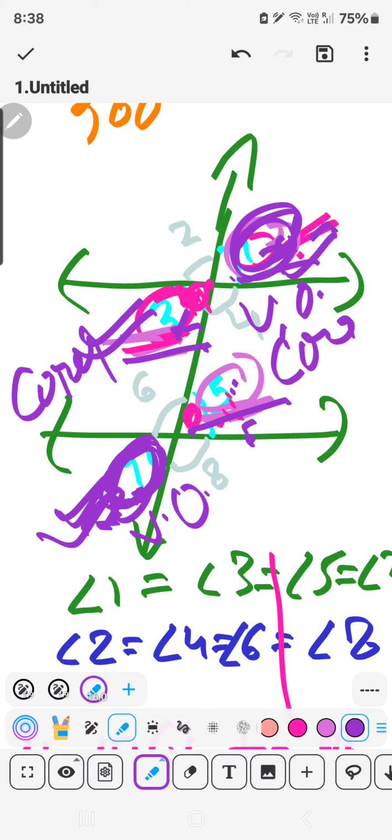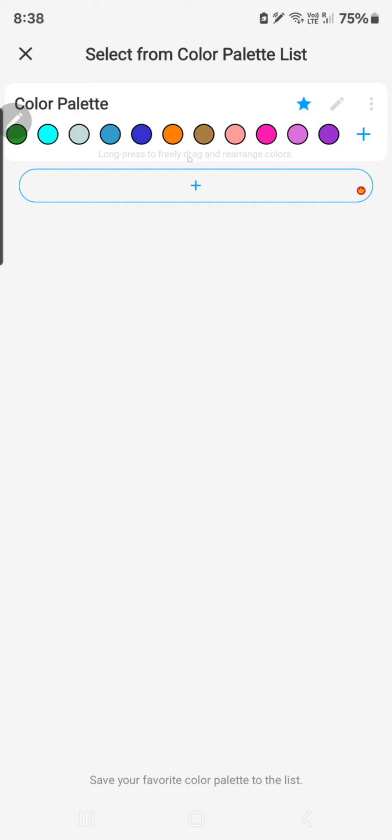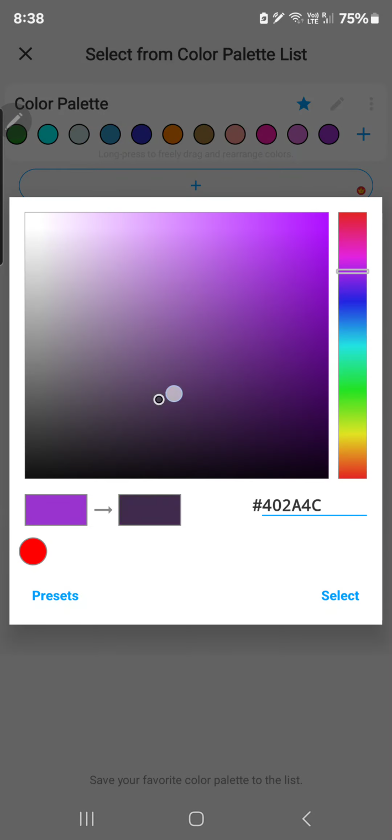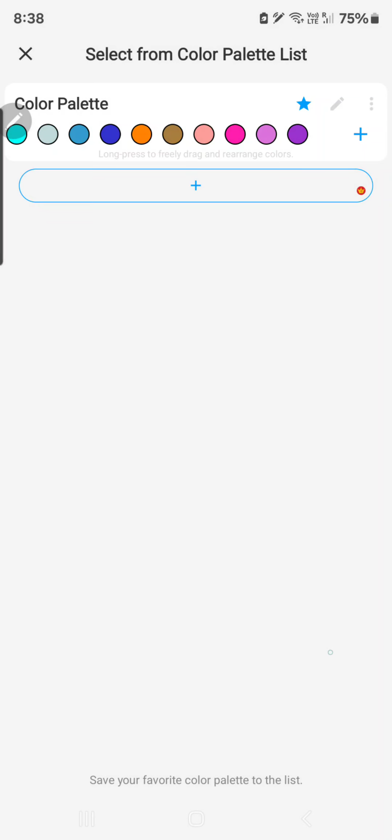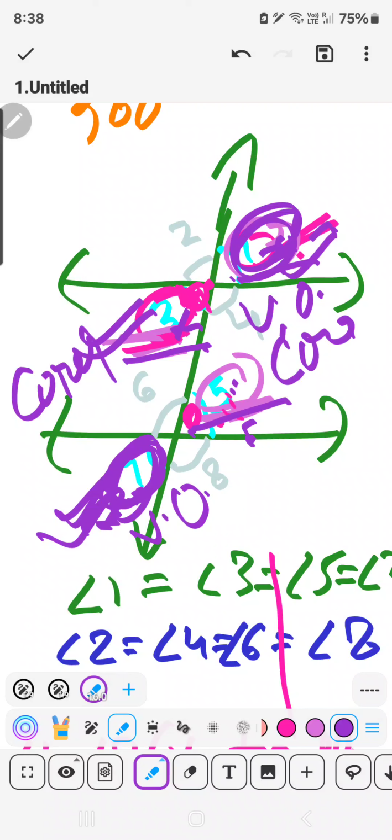Clear? Now comes the point of 2, 4, 6 and 8. Same way they are also equal. Vertically opposite, right?